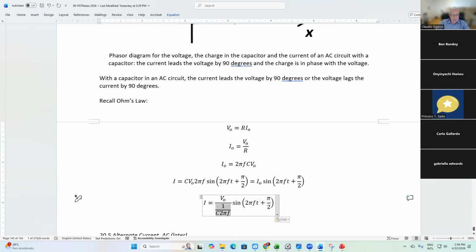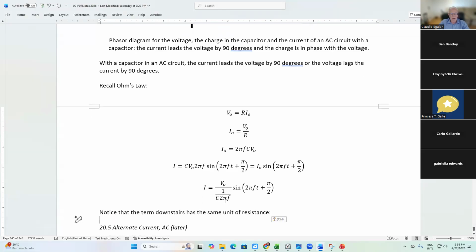And you have this term here that has exactly the same unit as a resistor. We do not call it a resistor, because it's not a resistance, but it's something similar to a resistance. It has the same unit as a resistance, the ohm, but it's not a resistance because it involves the capacitance and the frequency.